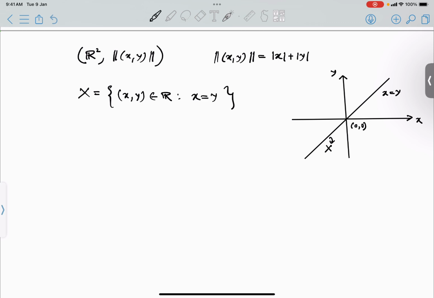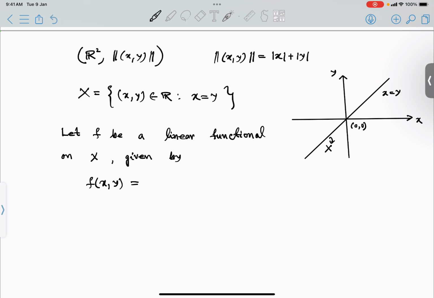And f is a linear functional on X given by f of (x, y) equals 3x. So basically here y equals x. So this is the linear functional on X that is given.